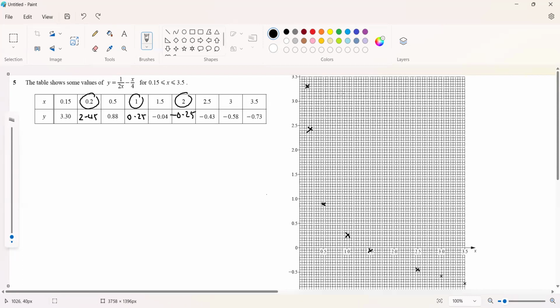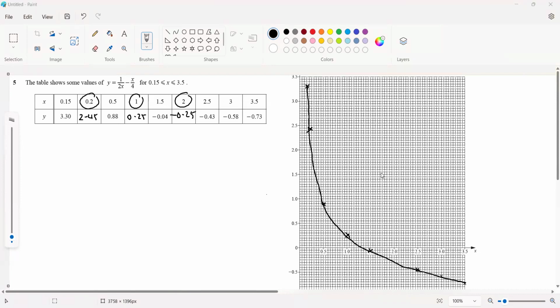So we need to go slowly. Okay, that's as close as I get. So from here, that is done for the graph.